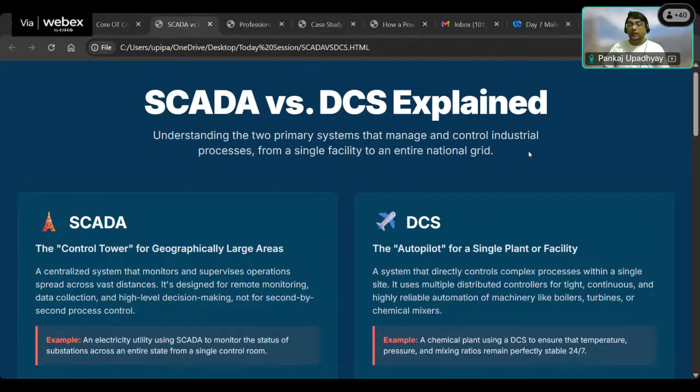When you have a very small plant, only one plant or site, you will use a DCS to have a view of how your process is running and how the machines and physical devices are working, and you can manage it through the DCS. So that's the major difference only. One is centralized, and the other is local.